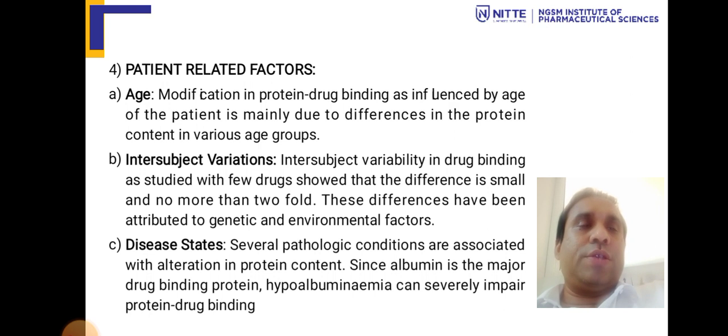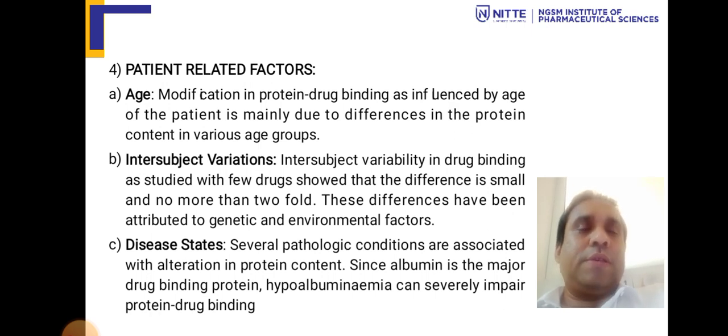Intersubject variations in drug binding have been studied. With a few drugs, there is a difference of no more than a twofold decrease. The difference has been attributed to genetic and environmental factors which occur between patients, or within the same person. It is intersubject variability because of drug binding, disease state, and several pathological conditions.